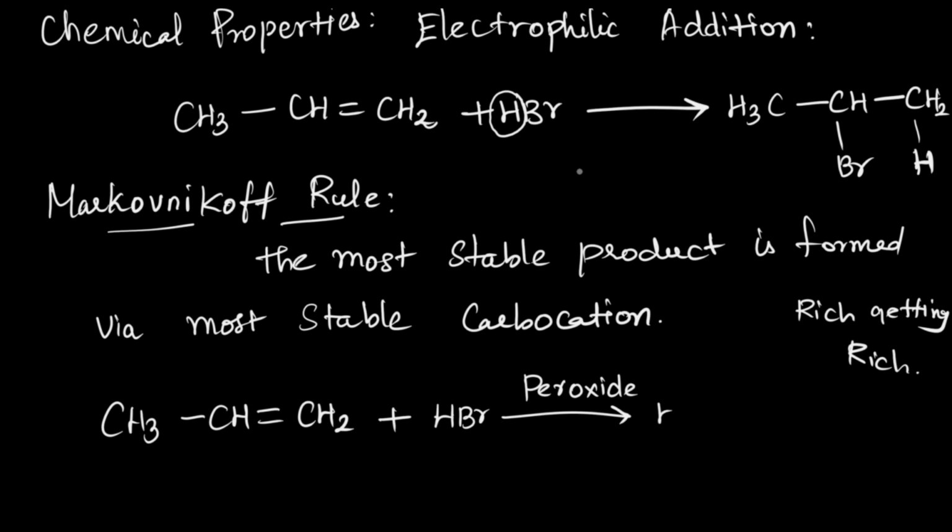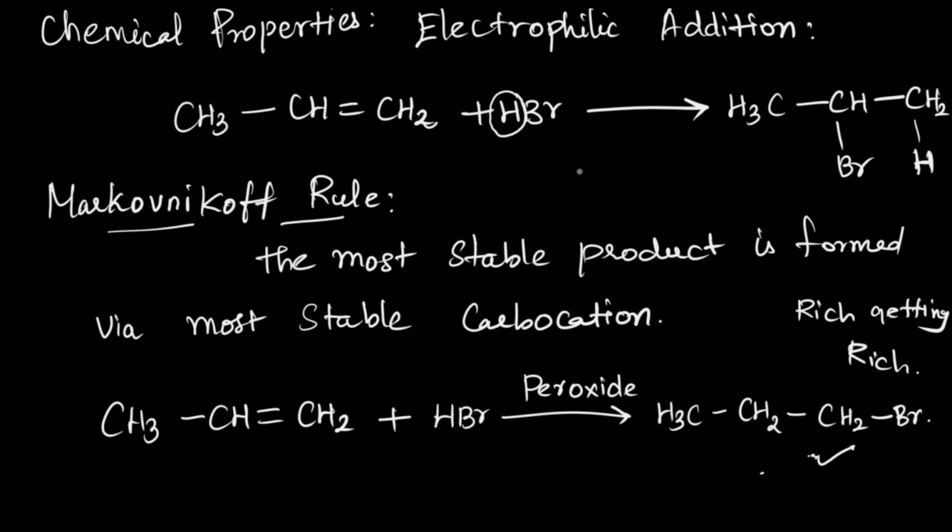The reason I'm mentioning major product is because the other one becomes minor. In the first example, this product is minor, and in the second example, this becomes major and the first product is minor. So the major product, that is the more stable carbocation, is for Markovnikov rule.